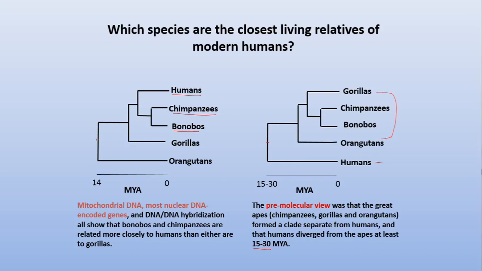But now, in the modern phylogenetic view, we know that the common ancestor of all the primates that we know diverged some 14 million years ago, and not 15 to 30 million years ago.